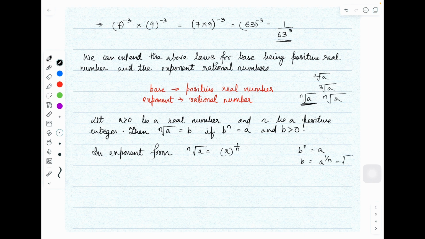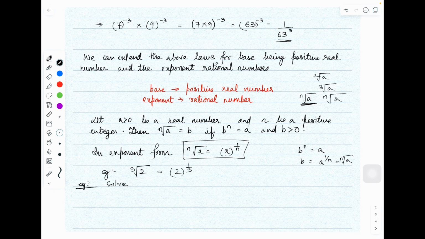And this is also equal to the nth root of a. So the nth root of a equals a to the power 1 by n in exponential form. Example, suppose we are writing the cube root of 2. So in exponential form it is 2 to the power 1 by 3. You got this?